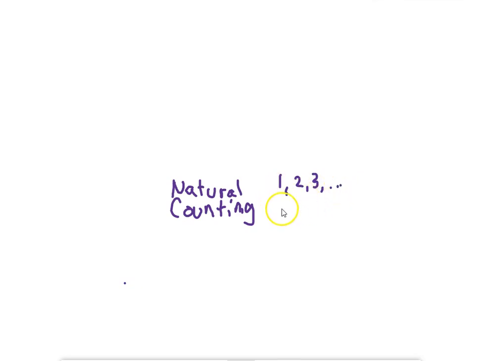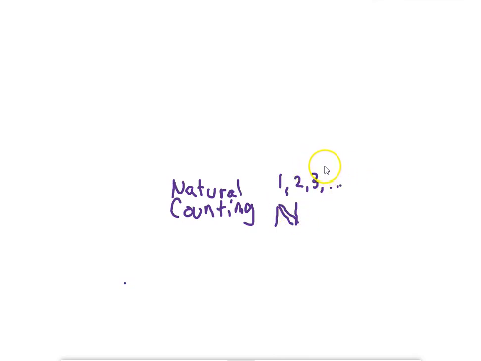If you ask a little kid to count, this is how they're going to count. So this is why we call it the natural or counting numbers. The notation for this is a fancy schmancy N. This isn't the best drawing of it, but there we go.